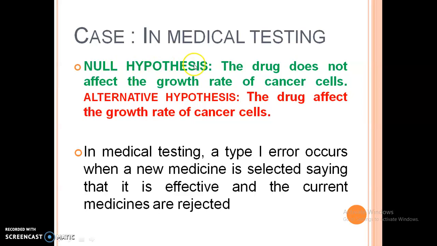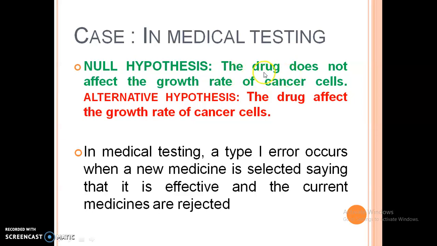Let's consider a null hypothesis where it is said the drug does not affect the growth rate of cancer cells, which means the new drug which we are launching does not reduce the growth rate of cancer cells. This is one hypothesis, which is the null hypothesis.